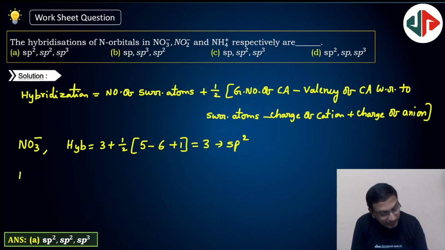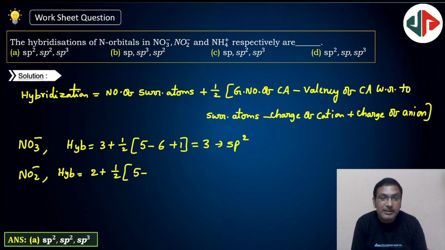Next similarly for NO2 minus, hybridization equals surrounding atoms 2 plus half into group number 5 minus valency with respect to oxygens, double, plus 1, which is equal to 3, again sp2.